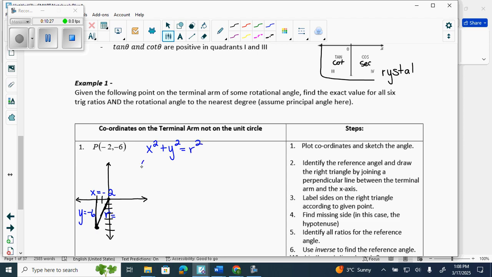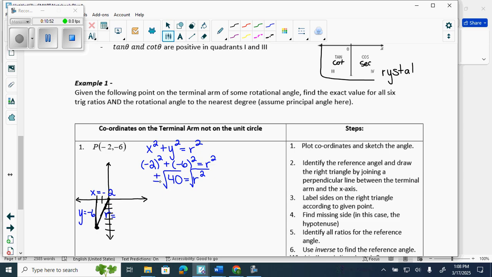So we get negative 2 squared plus negative 6 squared equals r squared. Then we get 4 plus 36, so 40 equals r squared. And then we physically take the square root with our own arm. When we physically take the square root, what do we have to remember? Plus or minus.